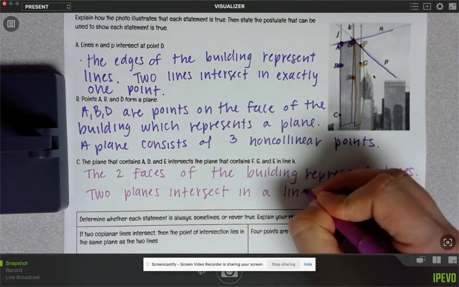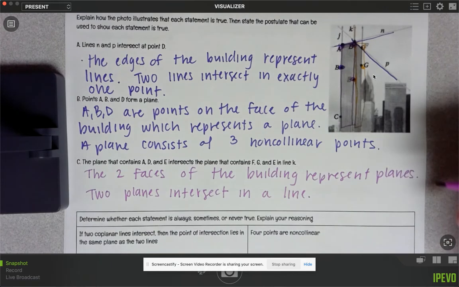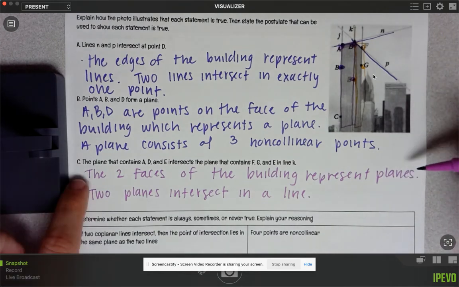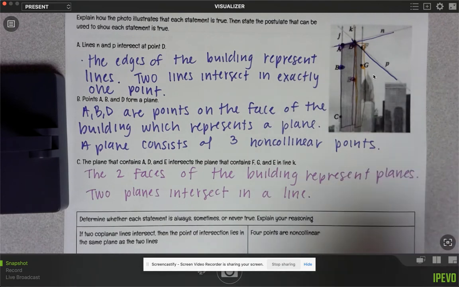Again, the whole point of this exercise was finding in the building what represented a point, line, and plane, and then figuring out which postulate made that statement true.